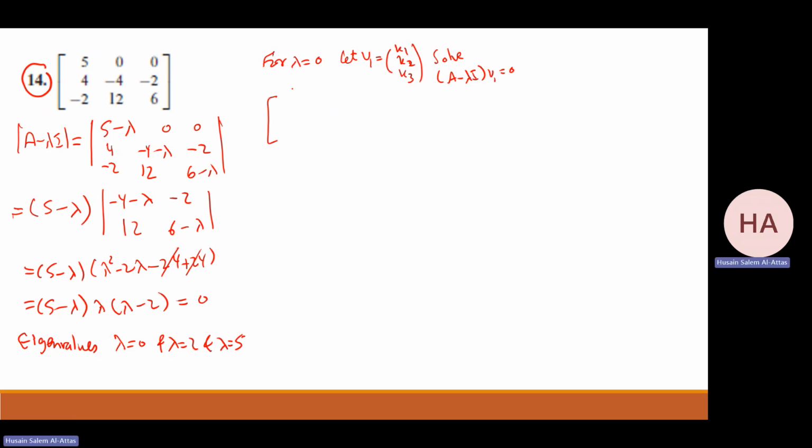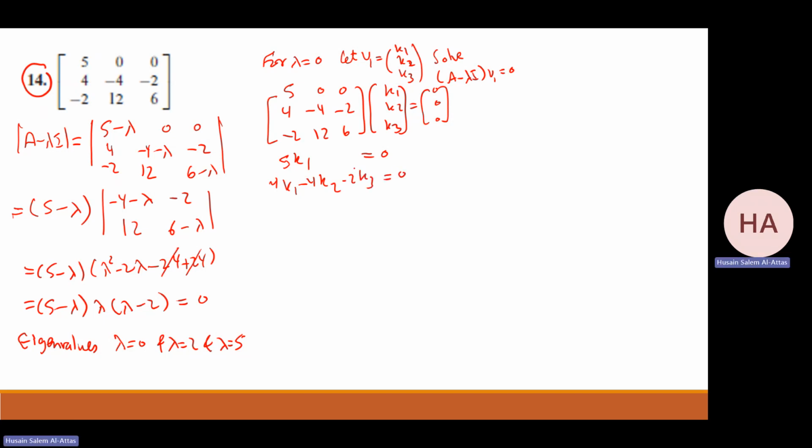To solve the system, that will be 5, 0, 0, 4, minus 4, minus 2, minus 2. I'm subtracting zeros, so I'm having no change. 0, 0, 0. What I have is 5k1 equals 0, which is gone. We have 3 equations, 3 unknowns. Solve it the way you like.